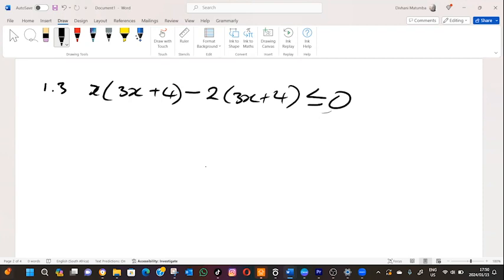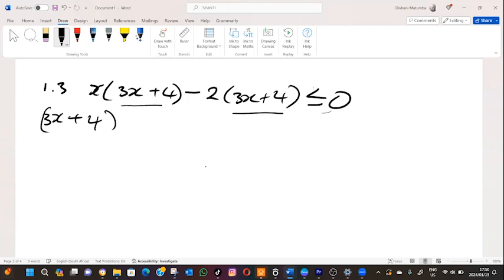Okay, now how do we solve this? First, we're going to treat this as though this sign is an equal sign. So we have common factors, which are 3x plus 4, appearing on both sides of this minus.